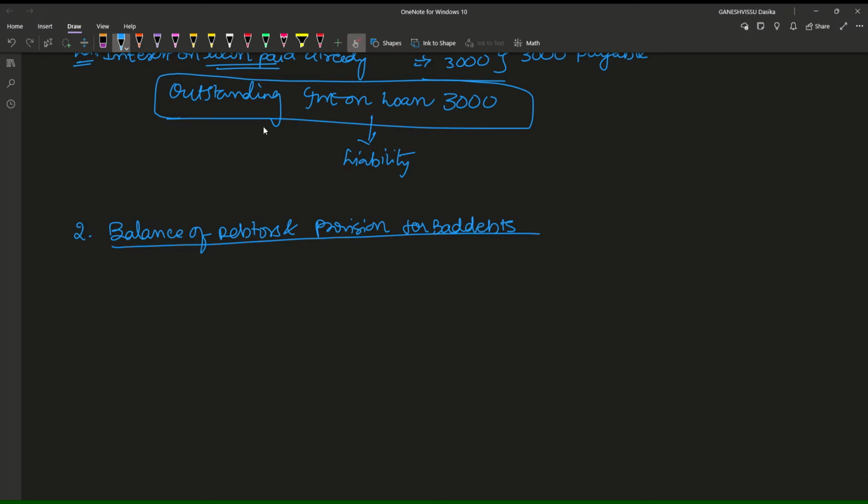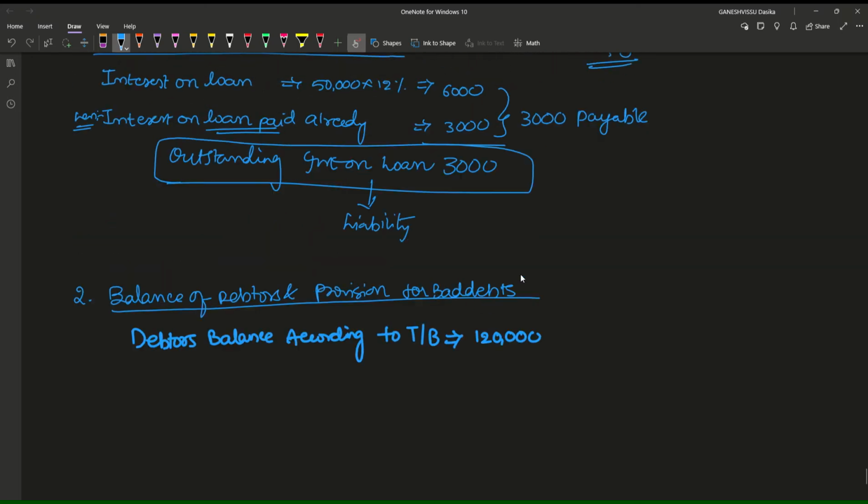See, balance of debtors and provision for bad debts. Debtors balance according to trial balance is 1,20,000. This is what we have from the trial balance, right?